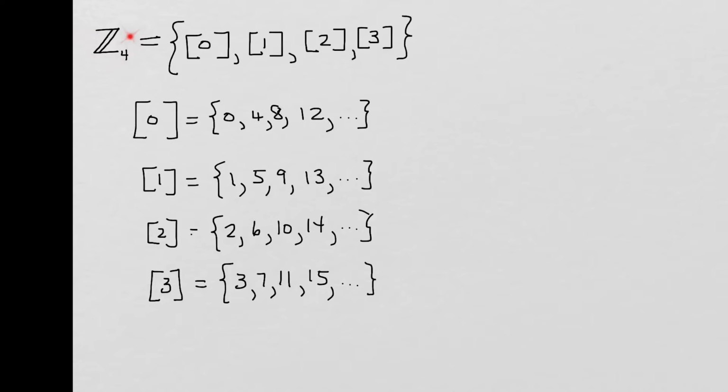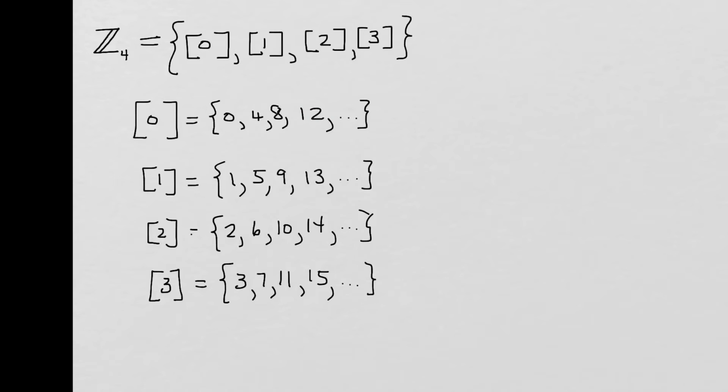So here I have Z sub 4. This is the set of equivalence classes 0, 1, 2, and 3. Each of those is its own set. The equivalence class for 0 includes the value 0, and then 4 because 4 is n, 8 because 8 is a multiple of 4, 12 because 12 is a multiple of 4, and it would continue in that same pattern.